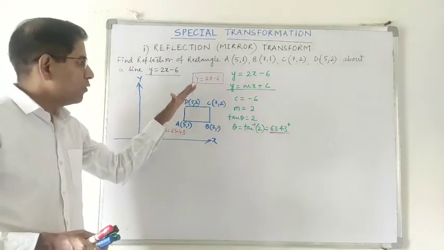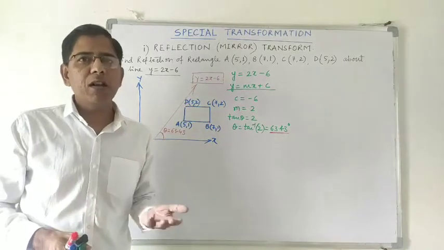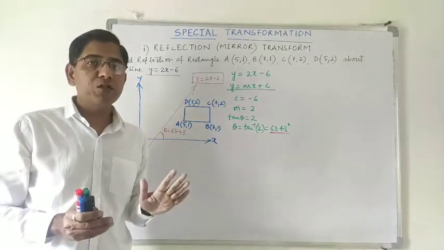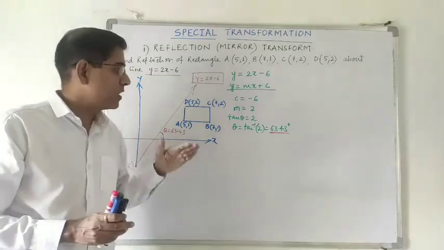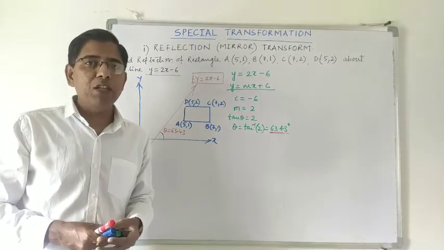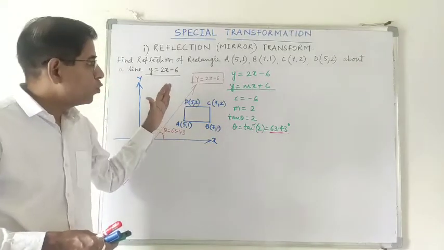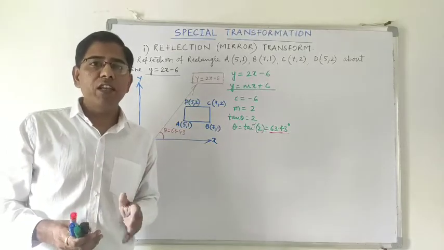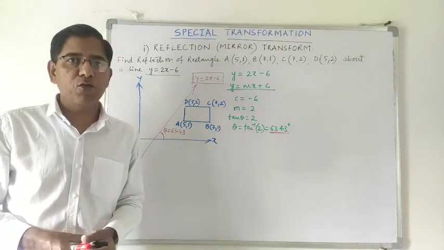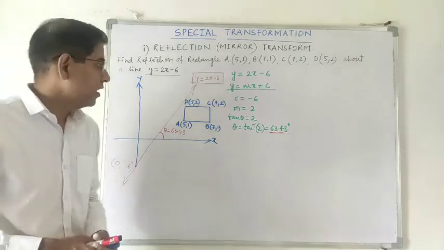Again, we do not know a reflection about any arbitrary line. We know the reflection matrix only about the two principal axes, the x-axis and y-axis. So our primary job is to make this line coincide with one of the principal axes and then carry out the reflection transformation.